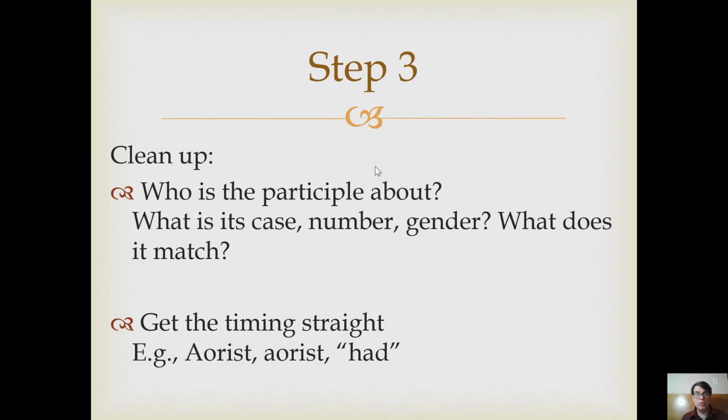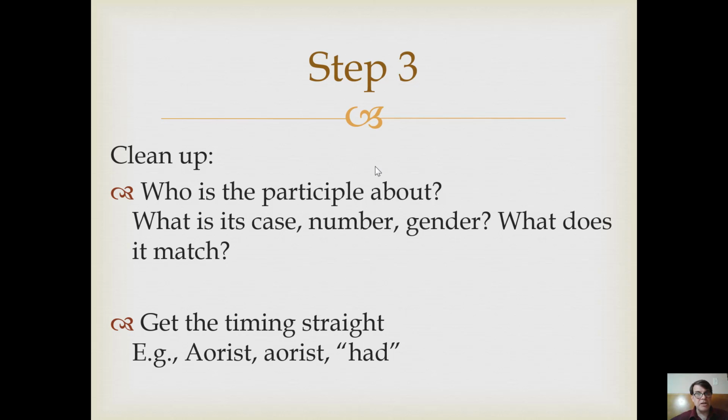That's why we say if you have an aorist participle, use after, because then the participle is happening before the main verb. And if you have a main verb that's past tense and a participle that's past tense, like aorist participle, aorist main verb, use had in your translation to push the translation even further into the past.